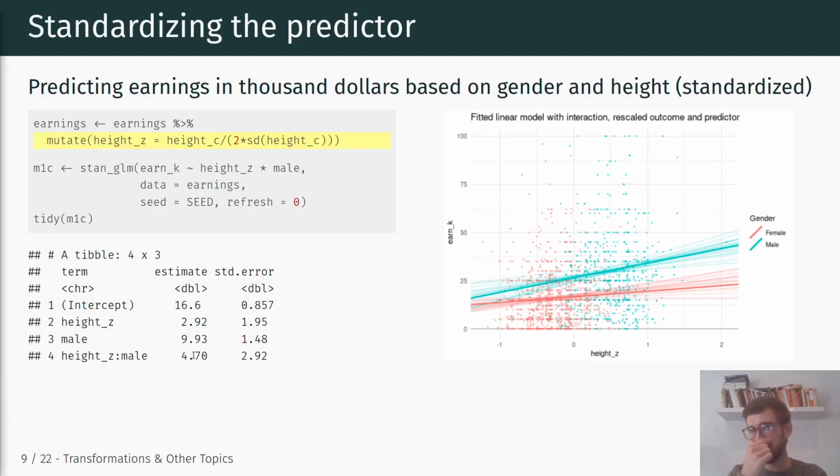So you should certainly not always, in every application, standardize your predictors. In some cases it makes sense, in some cases it wouldn't be advisable, particularly with small samples, and if you're interested in comparing substantive effect sizes across samples.